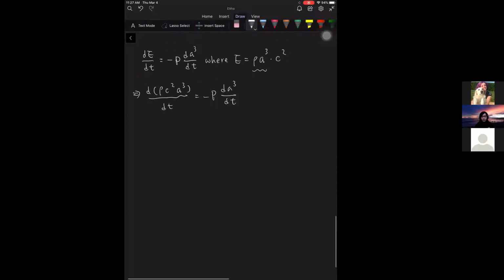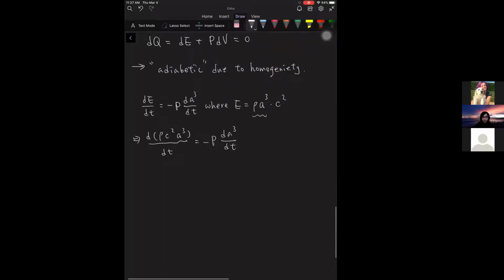Then let's write out the time derivative, where we can take c squared out. So that's c squared, and then doing the time derivative for both terms, that is rho dot a cubed plus rho times d(a cubed)/dt. Next we can see that there's a d(a cubed)/dt term here, and there's also a term here.